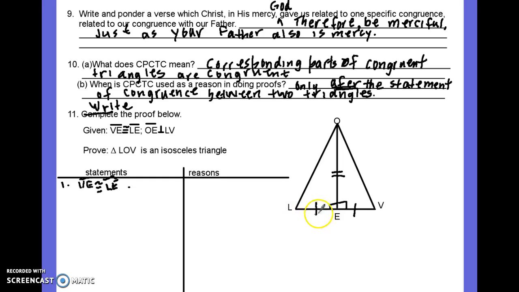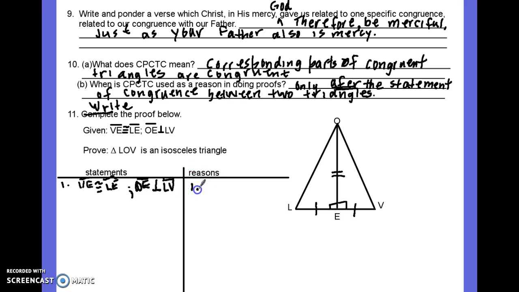So here I've got VE and LE accounted for. What else do I have? Well, I got segment OE is perpendicular. Here's the perpendicular. Segment LV.